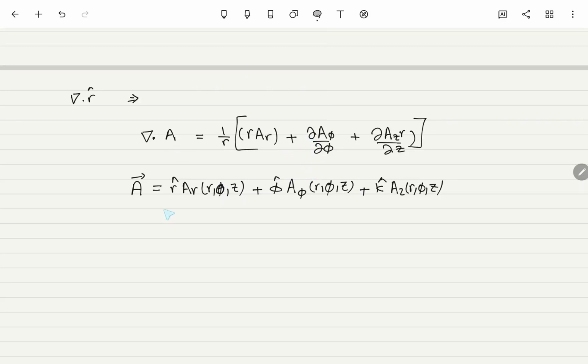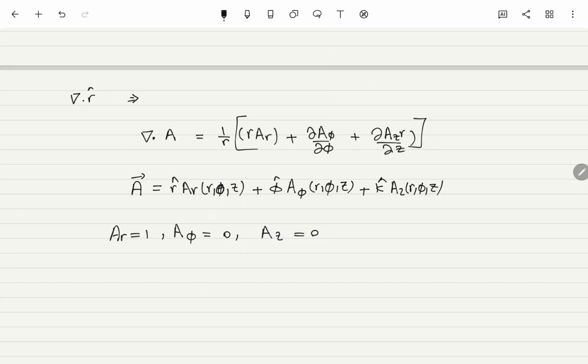Now we would like to find the divergence of r hat. In this case, A_r equals 1, A_phi equals 0, A_z equals 0.